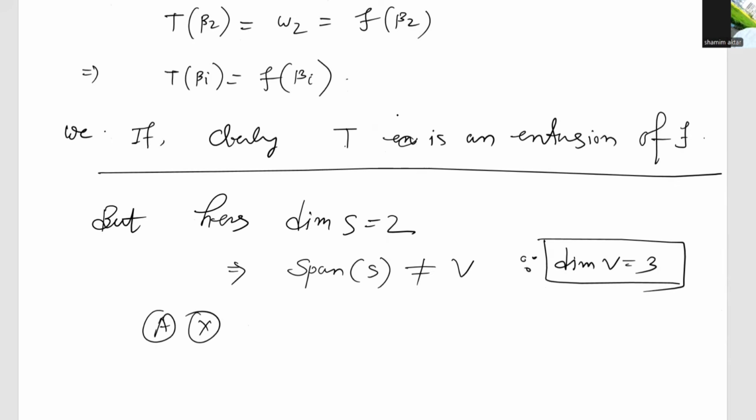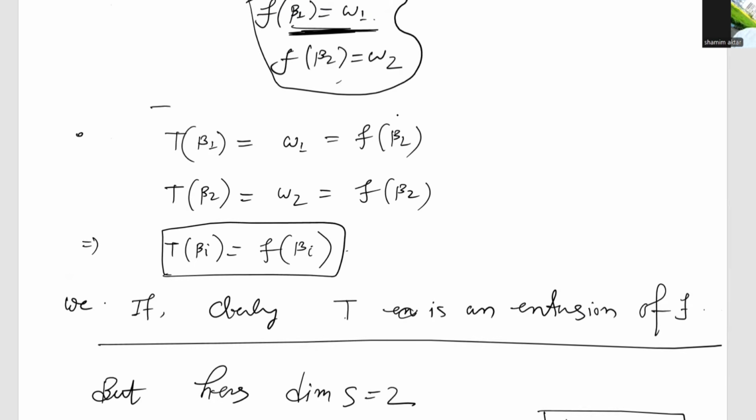Here we used that if linear maps agree on the basis, then they agree on the whole set. This proof is very simple.